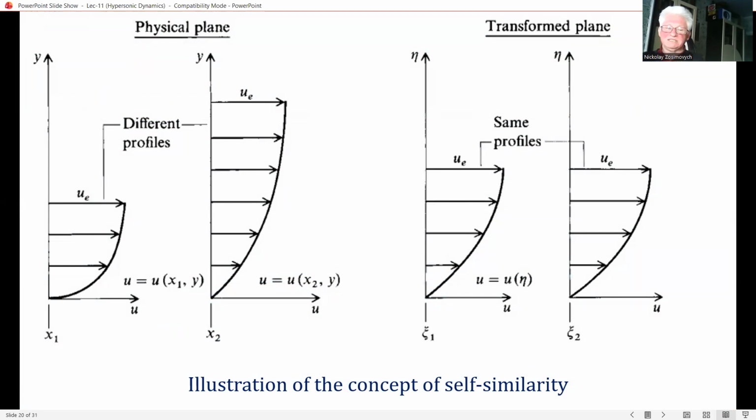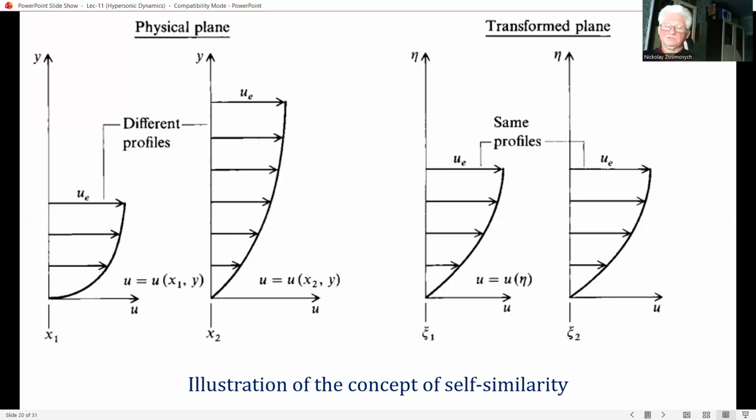This is sketched in the physical plane shown at the left of this slide, where two velocity profiles are shown at different x locations, namely x1 and x2, along the surface. In general, the profiles are different. That is, u varies with x and y, so u at x1 differs from u at x2.